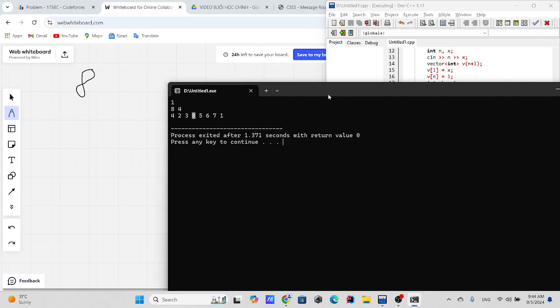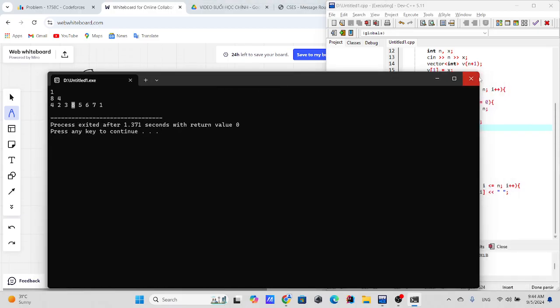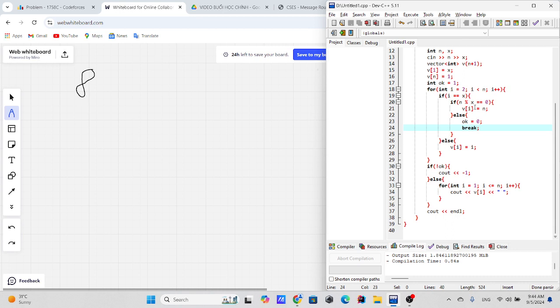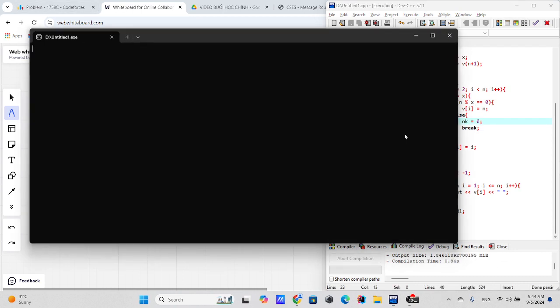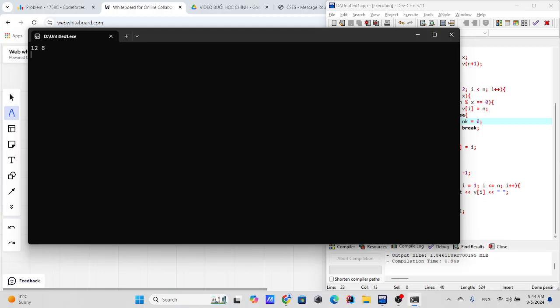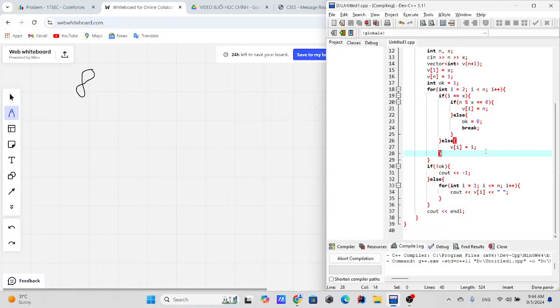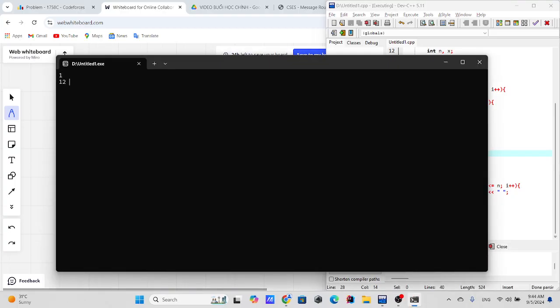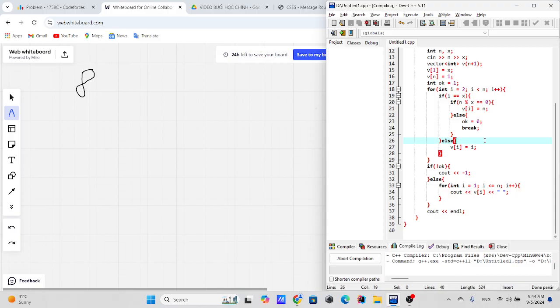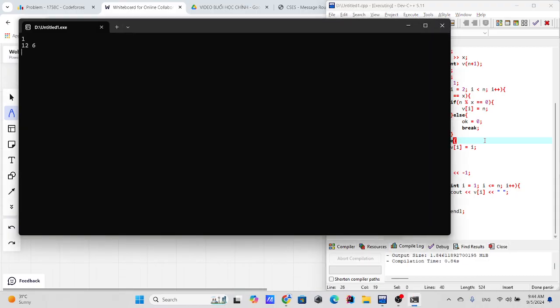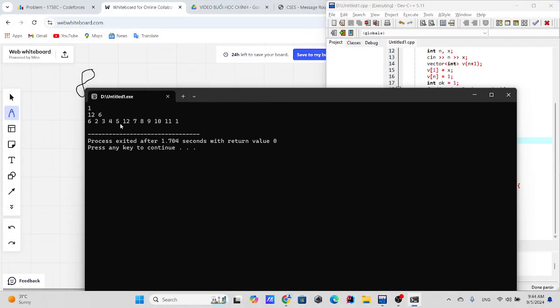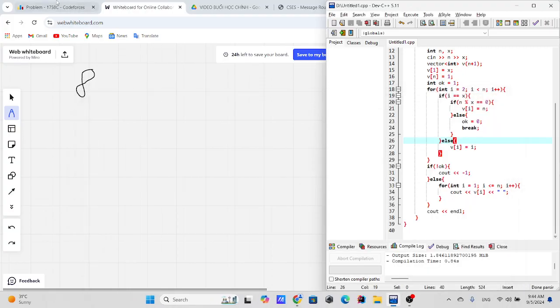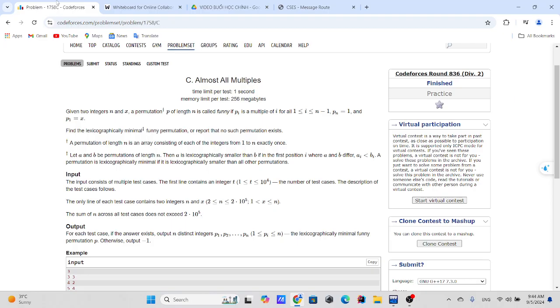Nah, this couldn't be the problem here. Oh, -1. Alright, 12. Okay, so we nearly got it correct, but there's some flaw in my logic.